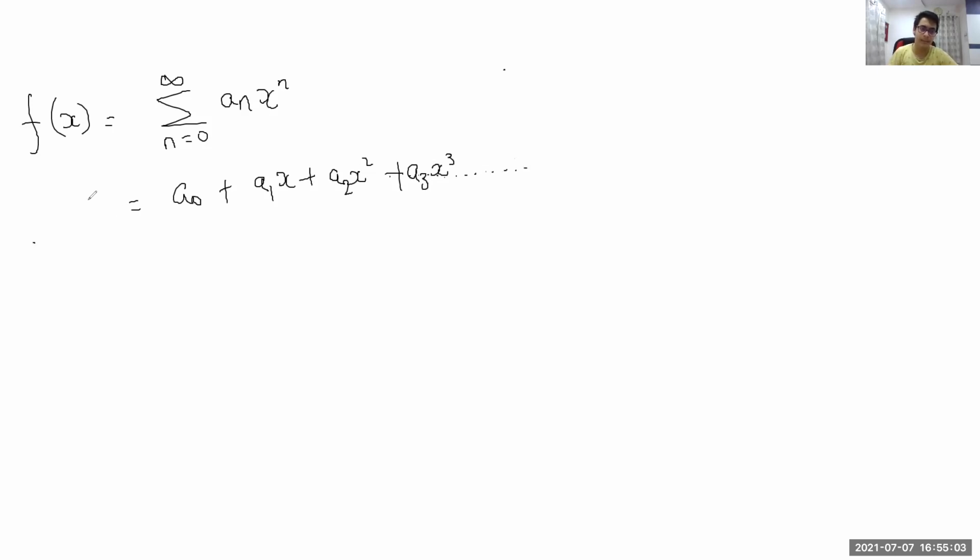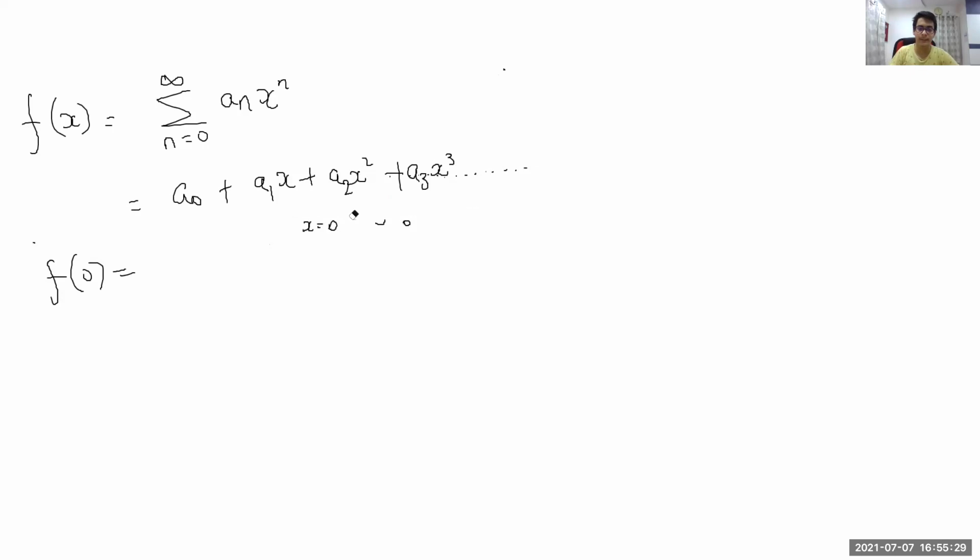Alright, so now what we have to do is basically find the coefficients in order. It's very easy to find a naught. It's like how you find the constant term for any polynomial. Just plug in x equal to 0. Then all of these terms just vanish because they have an x in them. If you put x equal to 0, all of these terms just vanish to 0.